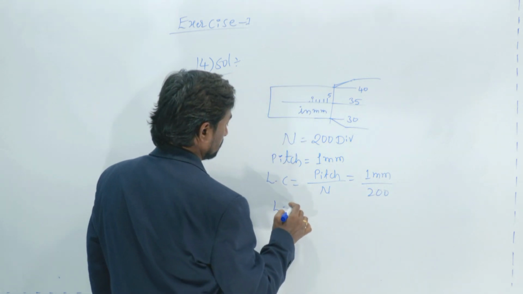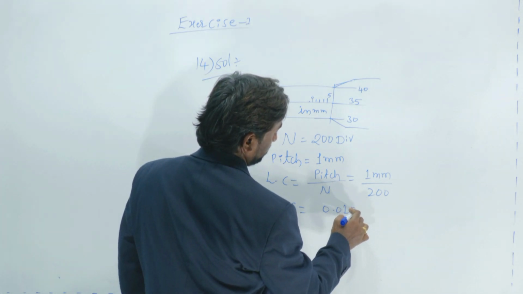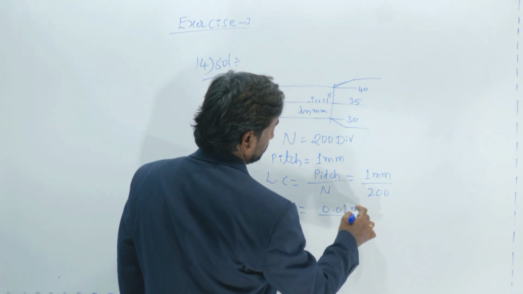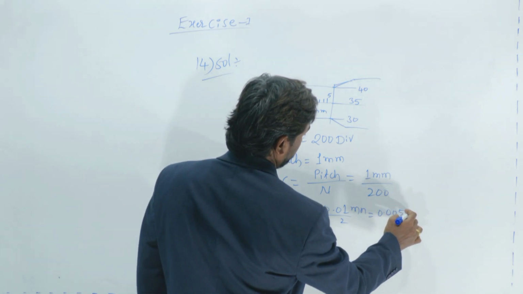So what can we write here? We can write 0.1 mm divided by 2, so it can be written as 0.005 mm.